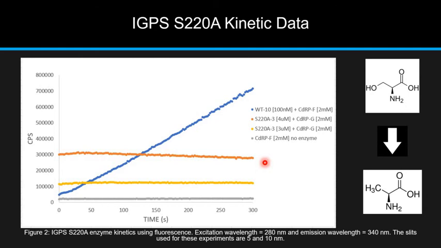I would also like to note that the mutant kinetic runs begin at a higher value on the y-axis at time 0. This is due to the increased concentration of enzyme in cuvette. For the wild type, we only require 100 nanomolar. However, because we weren't seeing any activity with this mutant, we increased the concentration to 3 micromolar in yellow and 4 micromolar in orange.